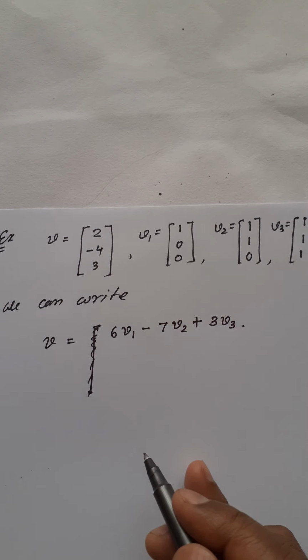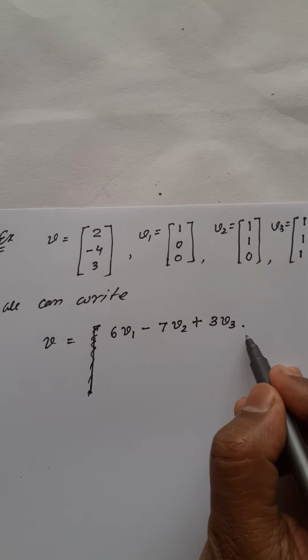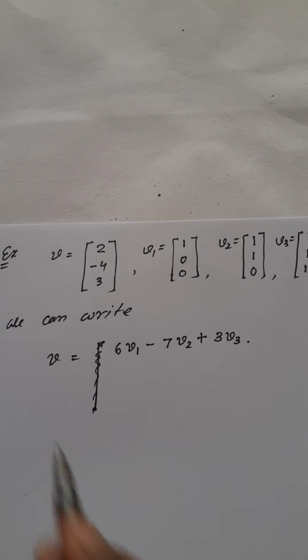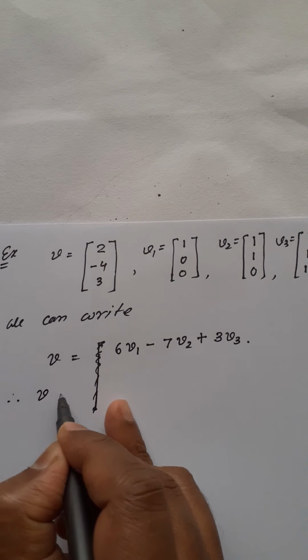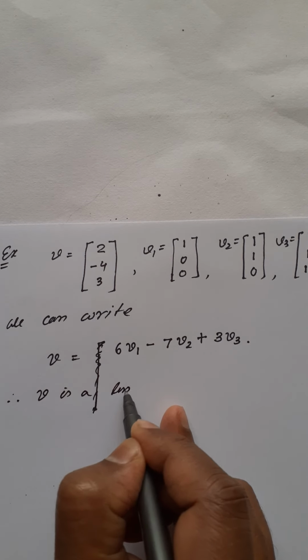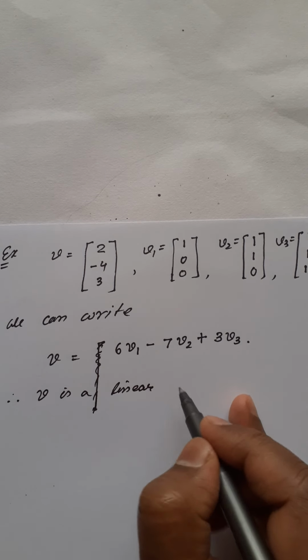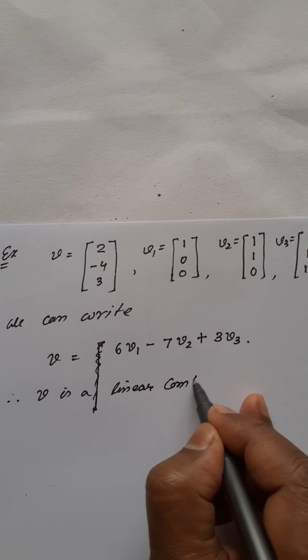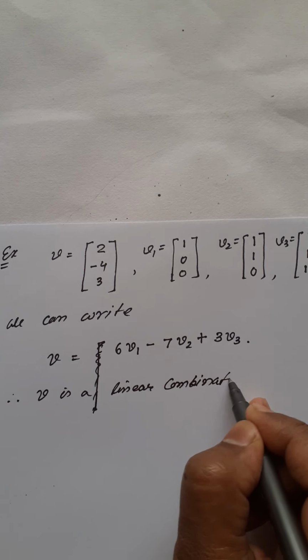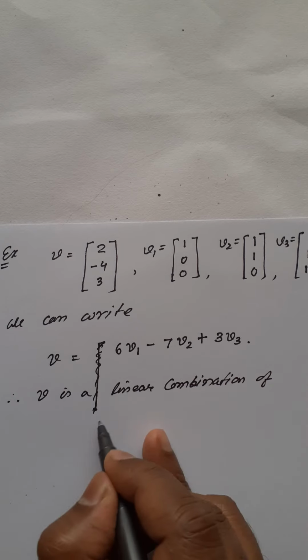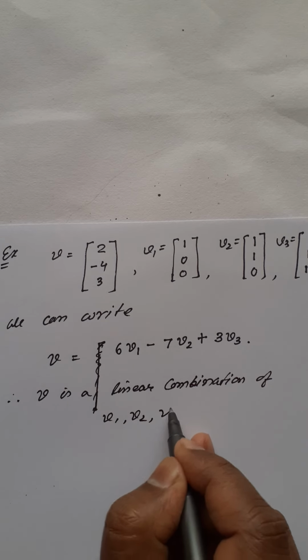I'm leaving this as an exercise for you. So therefore, v is a linear combination of v1, v2, v3.